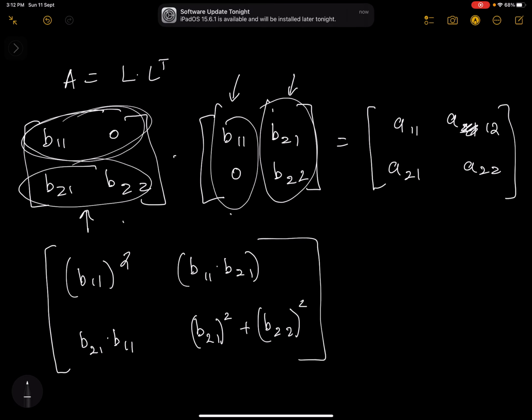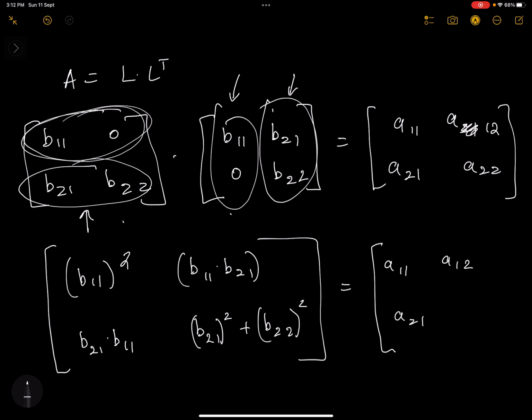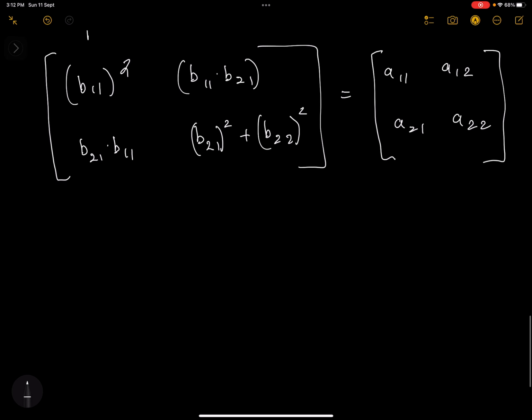And this should be essentially equal to our original given matrix A11, A12, A21, A22, right? So now all we have to do is equate the corresponding entries and see how we can go about figuring out the values of the lower triangular matrix that is part of the Cholesky decomposition.